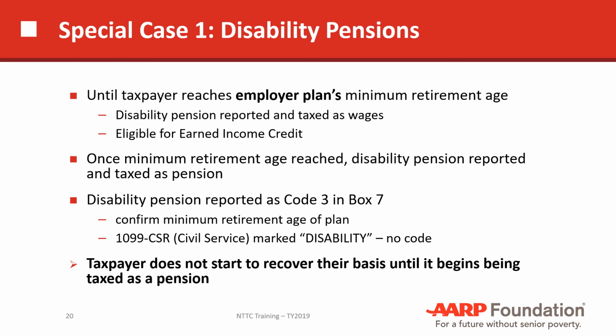So if they get a disability when they're younger than minimum retirement age, and again, that minimum retirement age depends on their employer. Some employers call the minimum retirement age 62, others call it 65. So they don't start recovering, they don't start excluding anything from taxability until they actually reach their minimum retirement age.